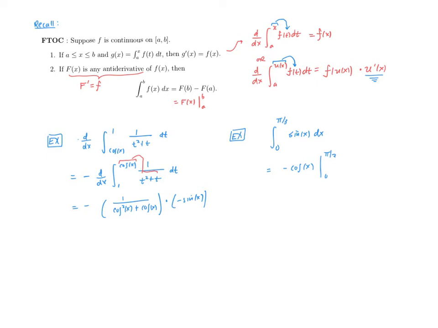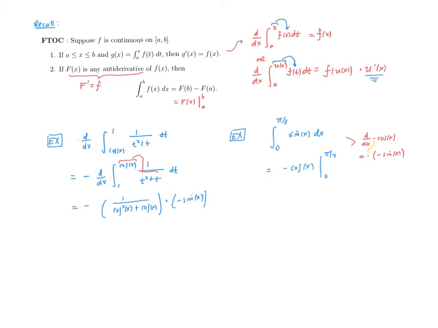And if you're unsure of your antiderivative, you can always double check. Note that the derivative of minus cosine, you have the minus sign, which comes out of the derivative, multiplied by the derivative of cosine, which is minus sine. The minus signs cancel each other off, and we're left with just the sine.